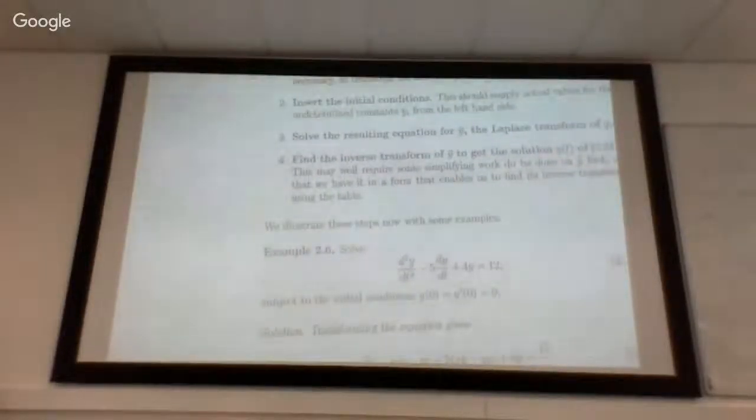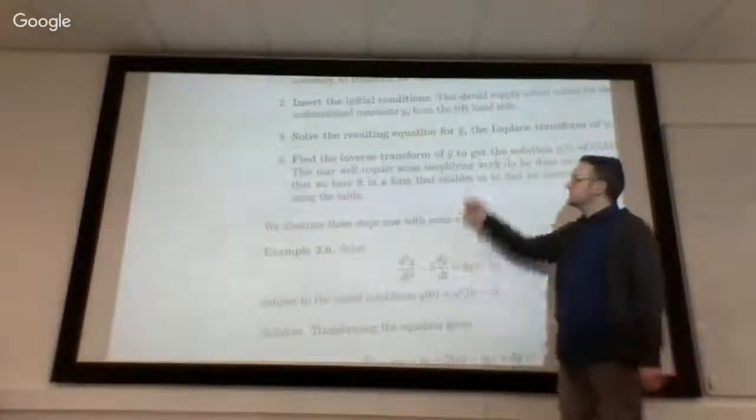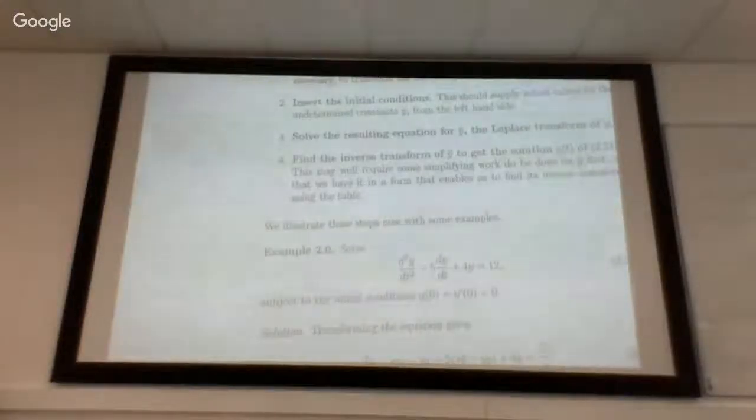We get a nice expression involving s for y bar, for the Laplace transform of our unknown function y. And then there's just one last step to do, which is to take the inverse transform. So at the end of step 3, we'll have an expression for y bar as a function of s, and we then use the table of Laplace transforms and other results about the transform to perform the inverse transform and get back the function y of t, which would be the solution to the original problem, the original ODE.